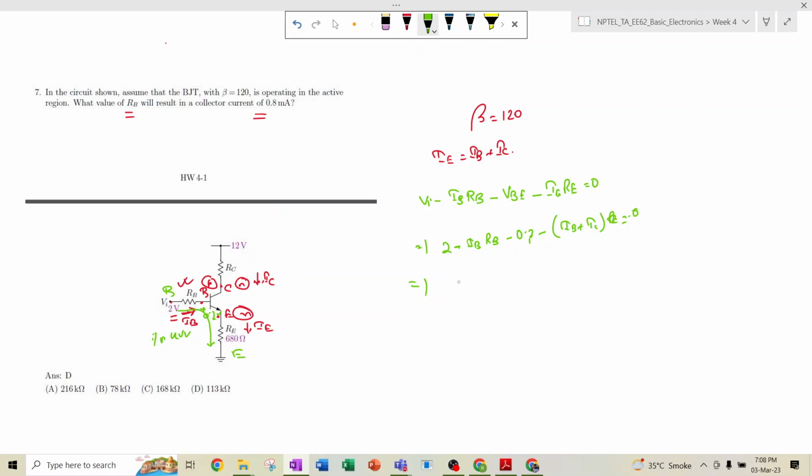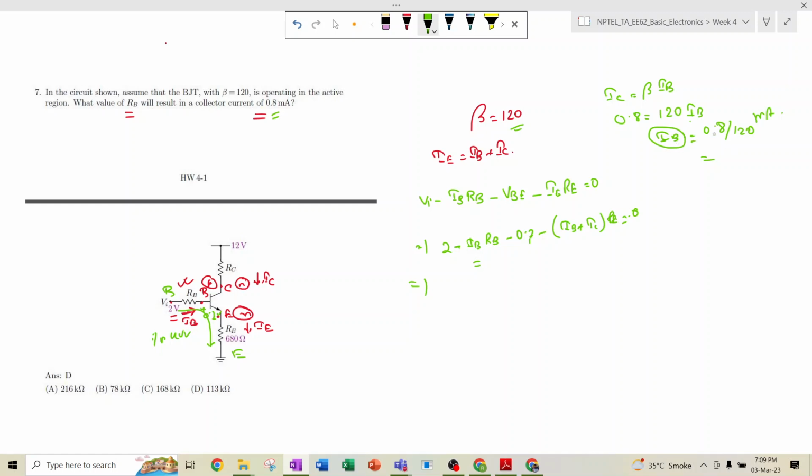Now what is the value of IB? You know the value of beta, and IC should be beta into IB. The collector current is 0.8 milliampere, which is beta, 120, into IB. So IB is nothing but 0.8 divided by 120 milliampere. See, always the base current of the transistor is very small.